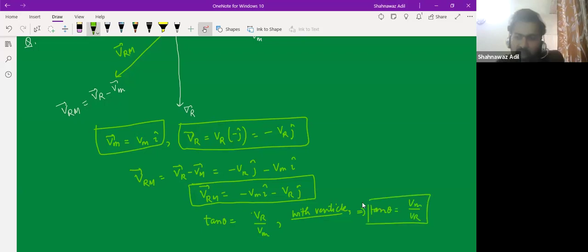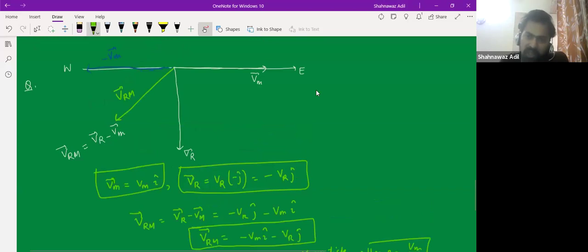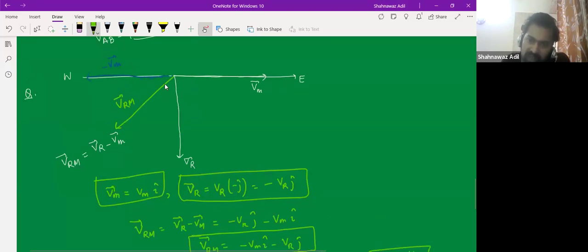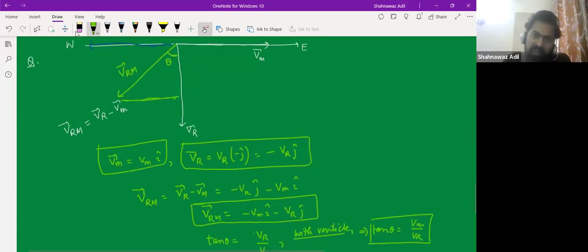What do I mean by vertical and horizontal? If I'm taking this angle, this is with the vertical, and this would be tan theta, which would be VM by VR. So this thing we have to do. Okay, so is it clear?